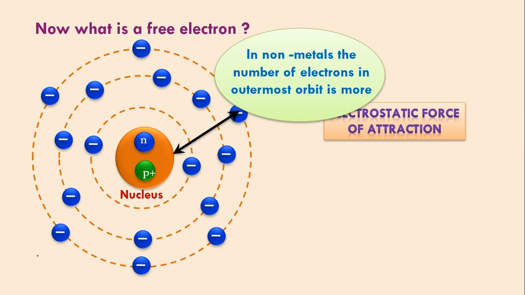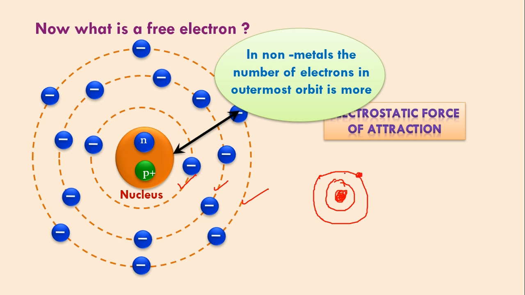In nonmetals, the number of electrons in the outermost orbit is more. Outermost orbit means this is the outermost, this is the innermost, and this is the middle one. For any non-metal, this is the nucleus and these are the orbits, not only one or two orbits, any number of orbits.